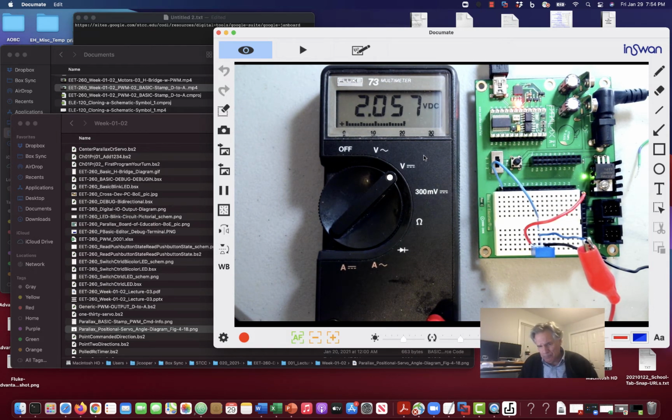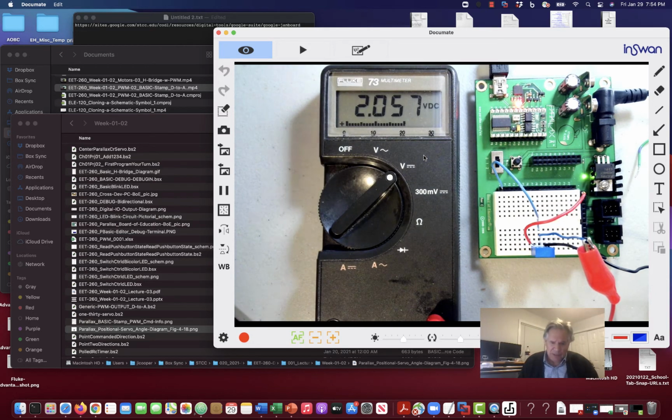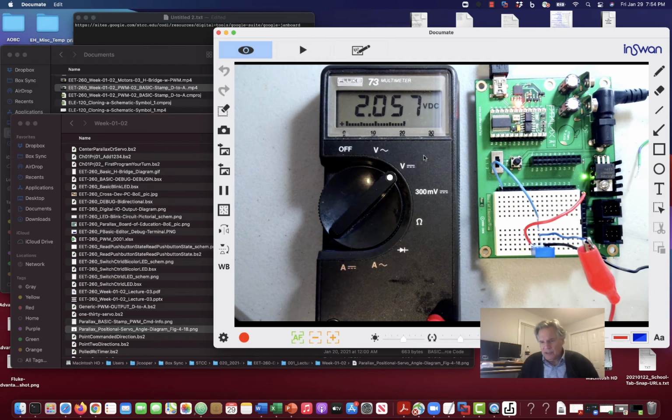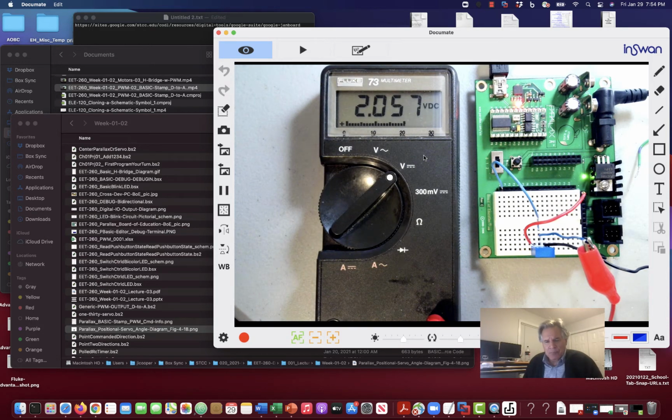And you really shouldn't be hanging around between 0.8 and 2.4. That band is kind of a dead band, or a noise immunity band. And that works really well with digital logic.